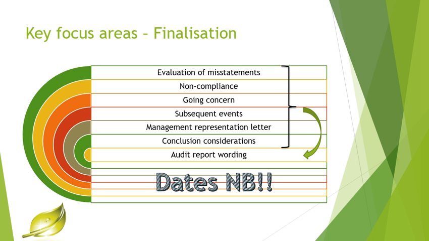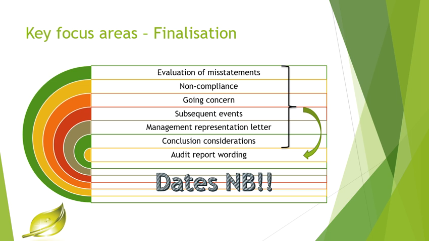Okay, so when you think of conclusion considerations, think of all of these matters that I've specifically discussed, but also think of any additional concluding considerations. Think of key audit matters that might need to be included in your audit report.